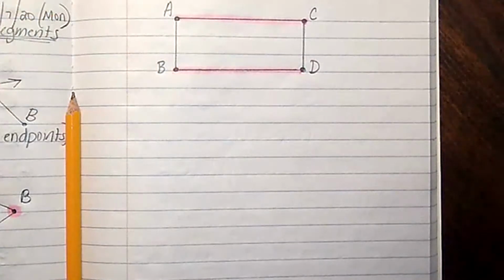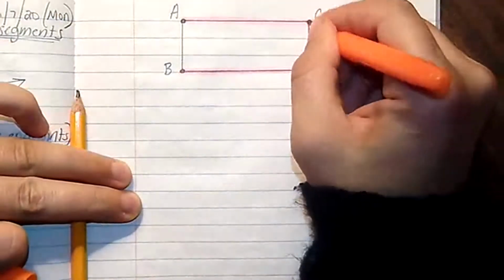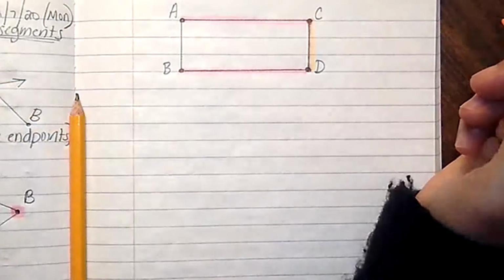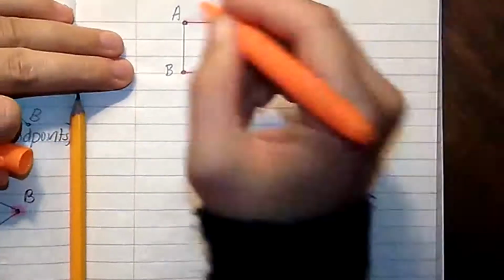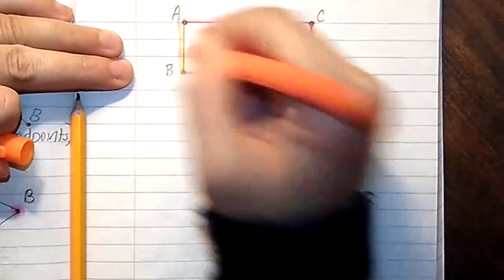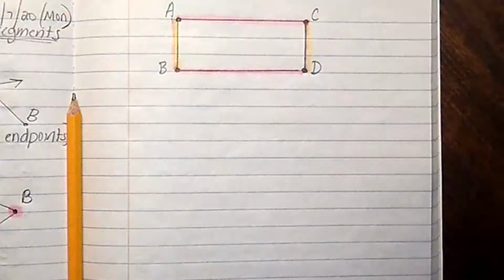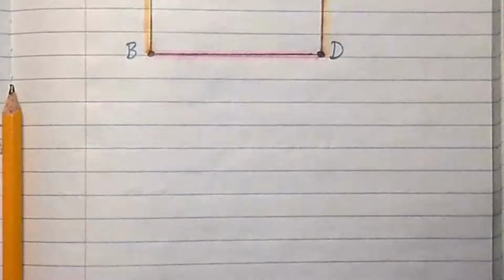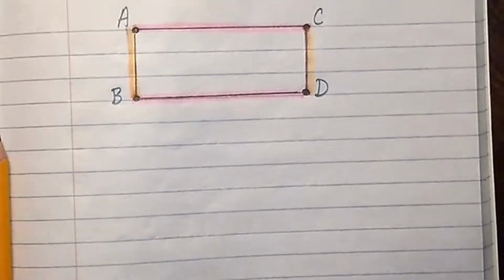If I was talking about line segment CD, I would be talking about this side. And if I was talking about line segment AB, I would be talking about this line segment. So see how it's helpful to have a name? Let me zoom in a little. There we go. A little bit easier to see.